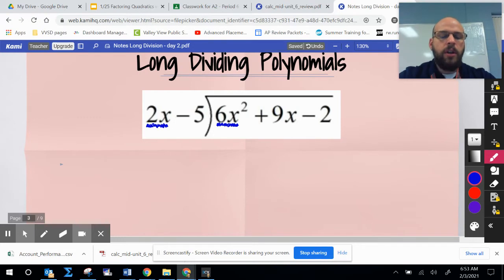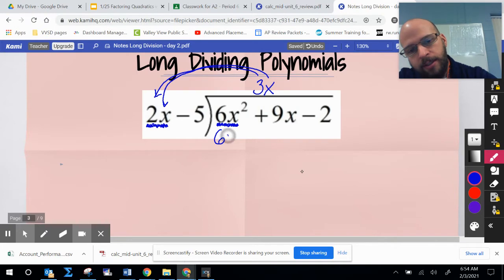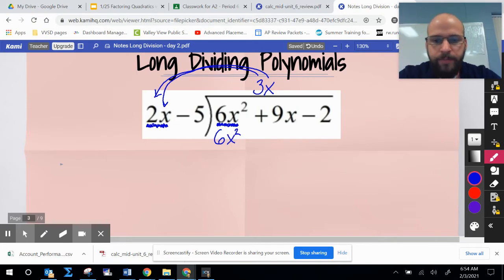So if I take 2x and 6x squared, I think to myself, what do I need to multiply 2x by in order to create a 6x squared? 2x times what is 6x squared? The answer is going to be a 3x. I'll show you: 3 times 2 is 6, and x times x is x squared.